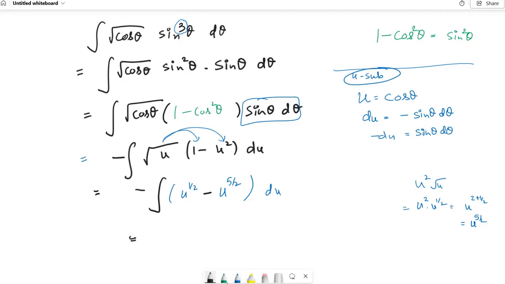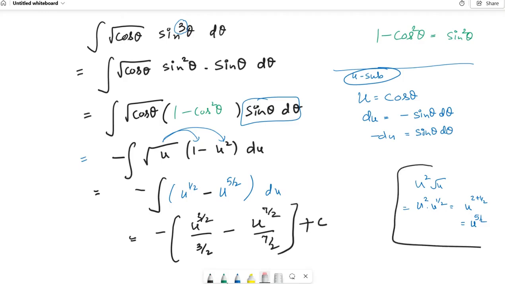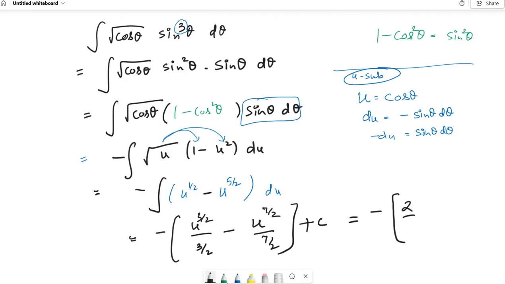Now we can apply the power formula. u to the power half plus 1, 3 by 2, by 3 by 2, minus 5 by 2 plus 1 is 7 by 2, by 7 by 2. That is the integral using the power rule. We can erase that. And this thing would be equal to minus. This 3 by 2 flips and comes here. And we need to put u back as cosine theta.